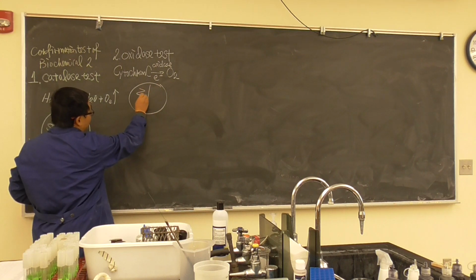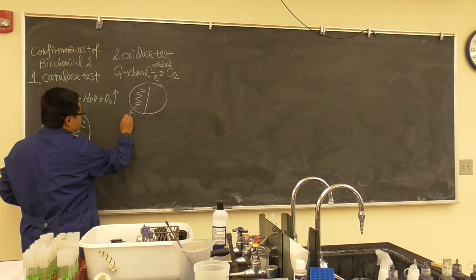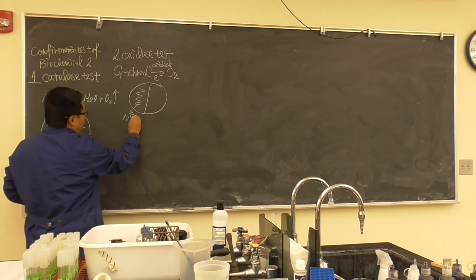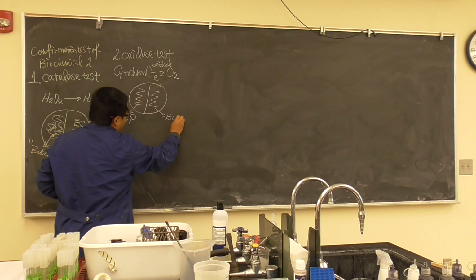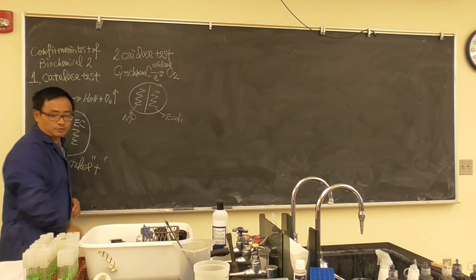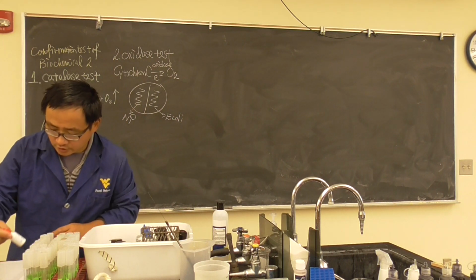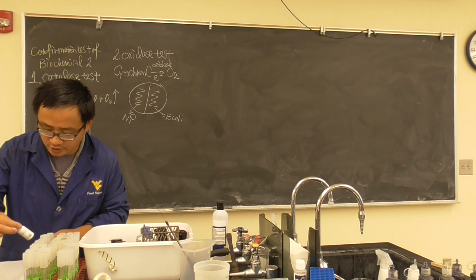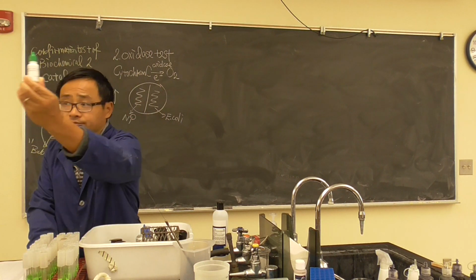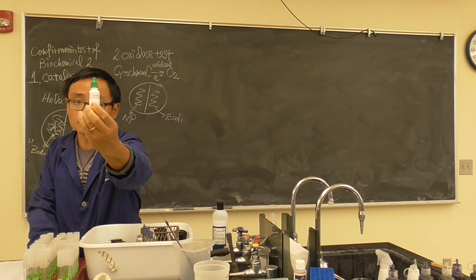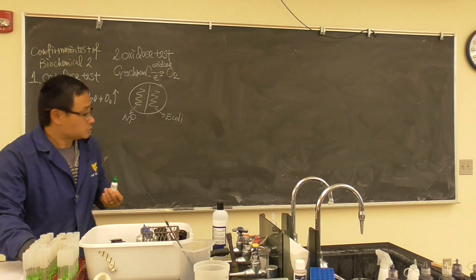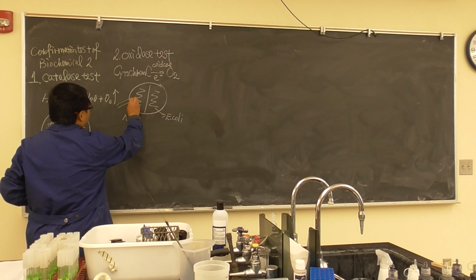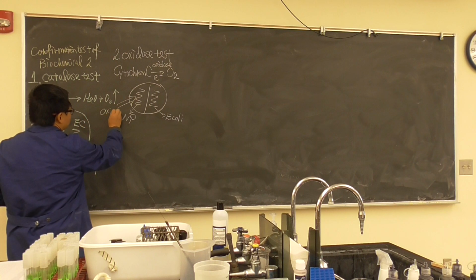On the left side, we inoculated the Neisseria. On the right side, we did the E. coli. And the test is also very simple. We are using the oxidase test reagent. It's just like this. When you see the label, the oxidase test reagent, it's a very long name. So we're going to add a drop of oxidase reagent.